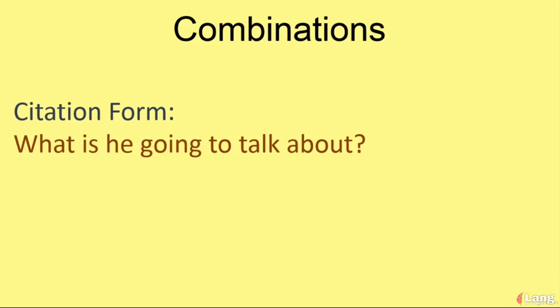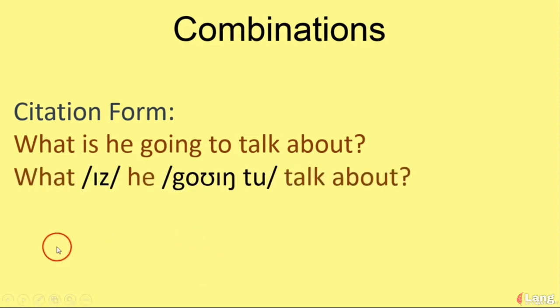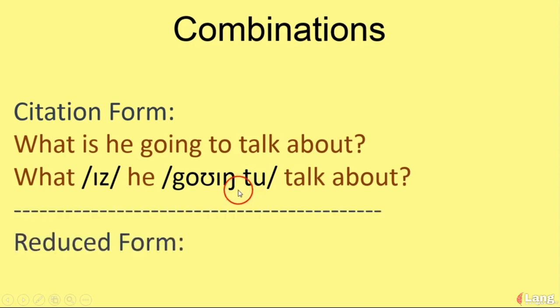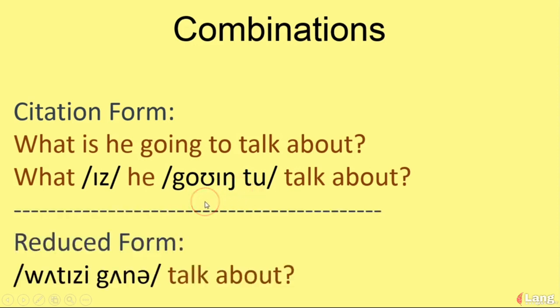Okay, in our next sentence we have, what is he going to talk about? We can reduce the words "is" and "going to." And together, when we reduce these, we are also combining the word what, and so we say, what is he going to talk about?